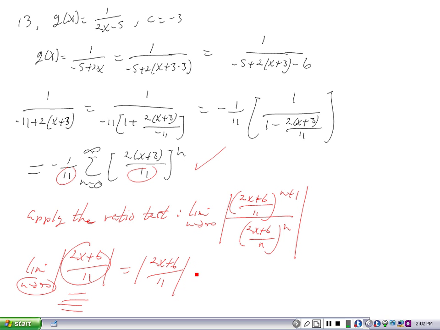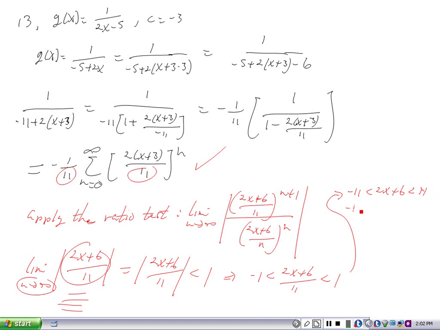And for the ratio test to be convergent, you want this guy to be less than 1. So you simplify all of this, and just by definition, this is -1 less than 2x plus 6 over 11 less than 1. And take it up here. Space ran out. I talked too much. So this is -11 less than 2x plus 6 less than 11.